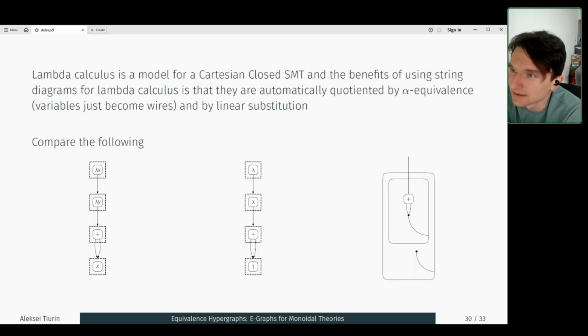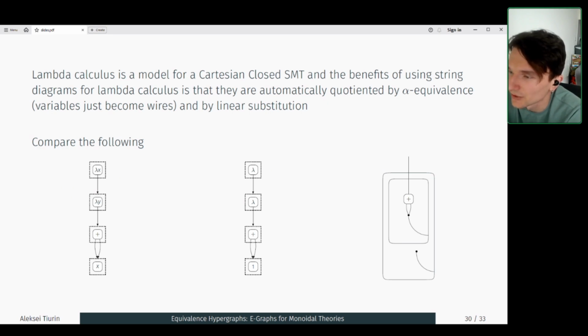Another example I want to show is how string diagrams can facilitate support for binding in different settings. There is a classic fact that lambda calculus is a model for Cartesian closed symmetric monoidal theories. And in the example below, you can appreciate the benefits that string diagrams have.